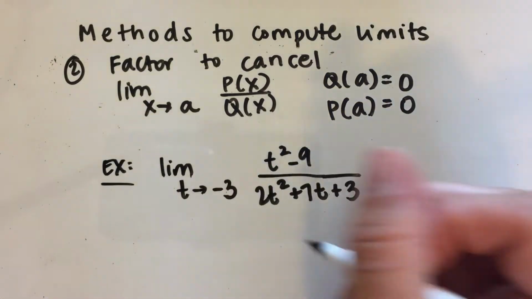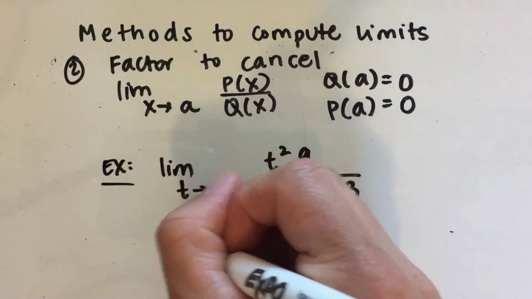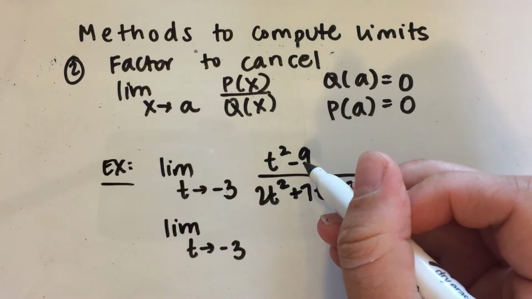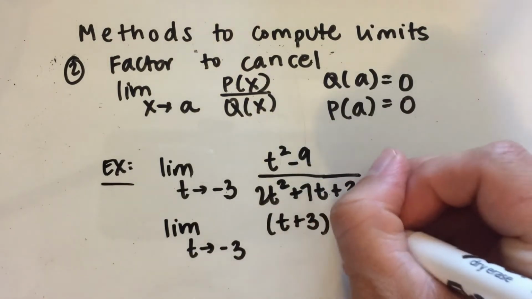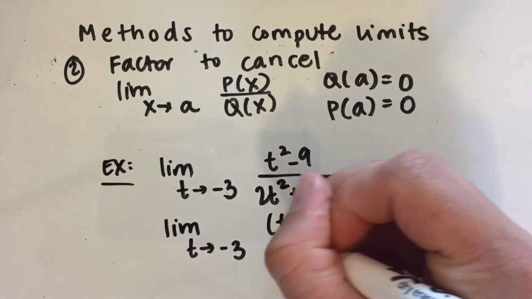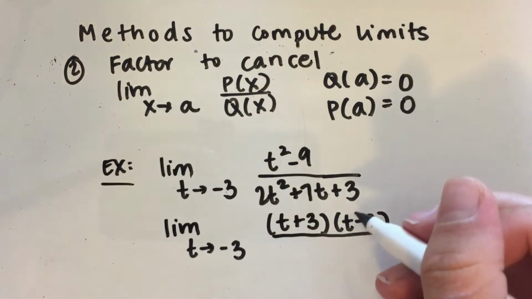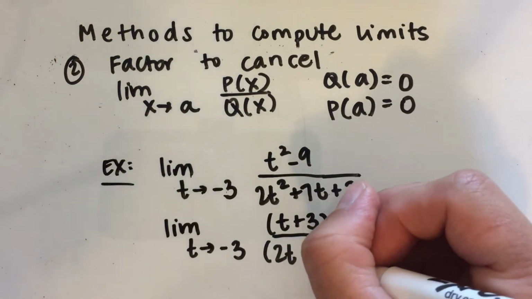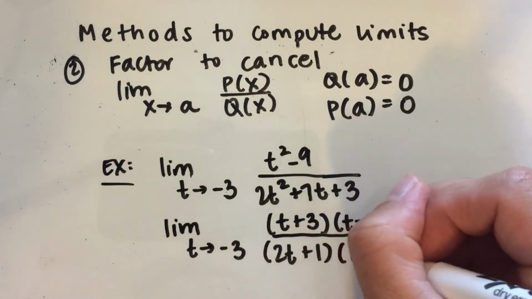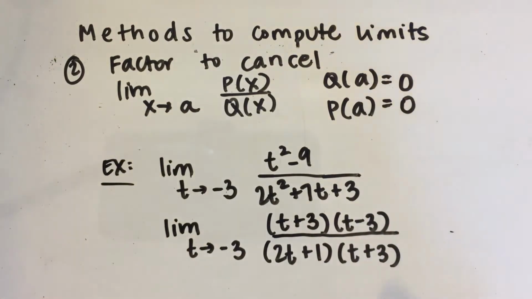So in this case, I'm going to factor. t squared minus 9 is the same as t plus 3 times t minus 3, and the denominator will be 2t plus 1 times t plus 3.